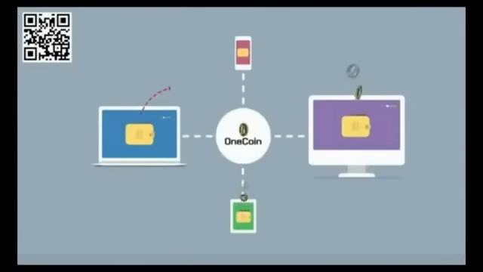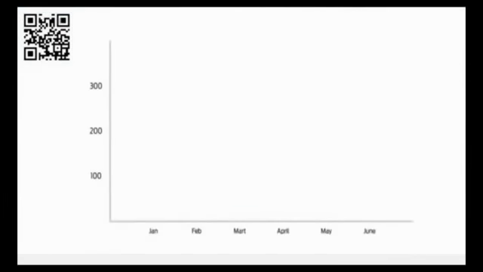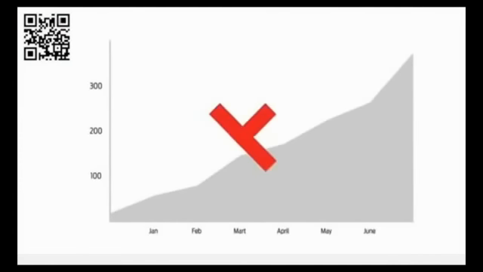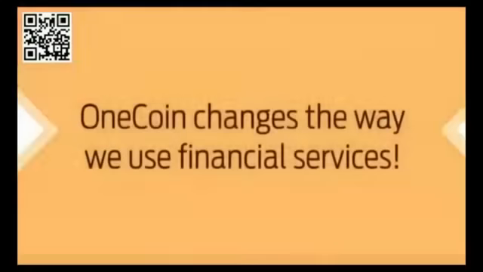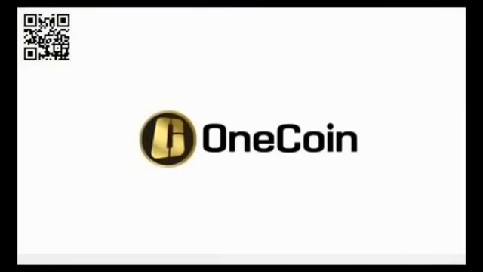OneCoin is not pre-mined, and therefore the users create the market, mine and use the coins. The finite number of coins that can be mined and consequently traded mean that there is no real risk of inflation. OneCoin changes the way we use financial services. OneCoin. Join the financial revolution.